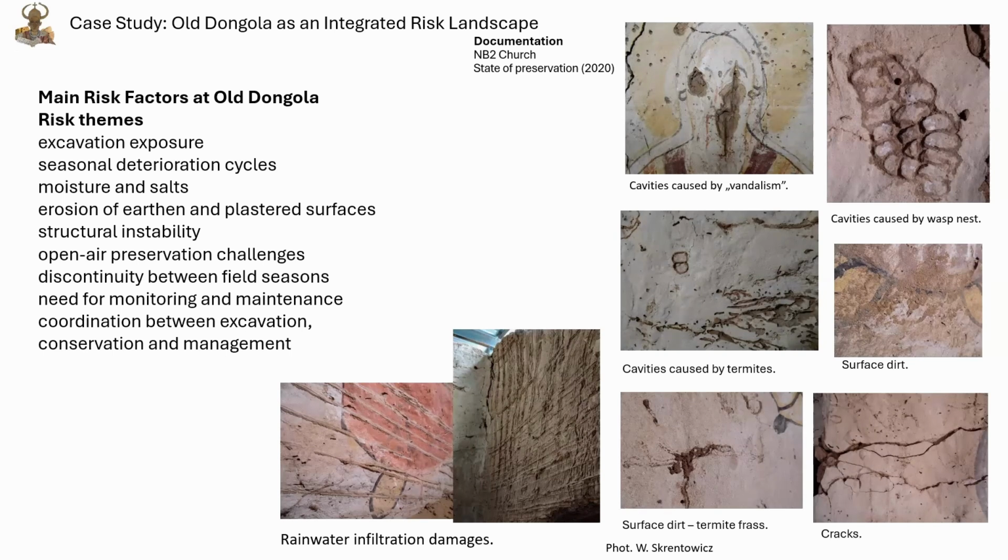Structural instability may develop where walls, vaulted wall bases, or excavated sections lose their support. And of course, this open-air presentation creates ongoing pressure because exposed remains must survive between field seasons.